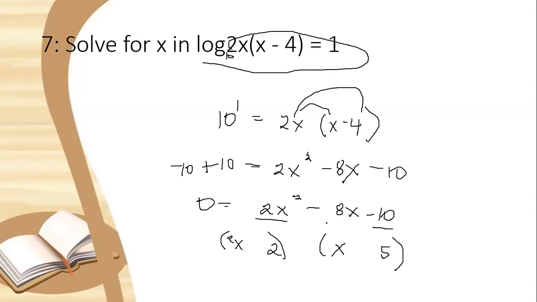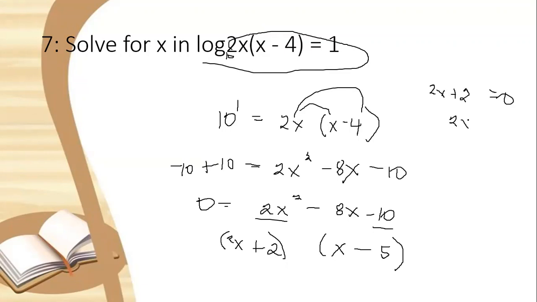So negative ang middle term, meaning yung factor po ng 10, yung malaking number sa kanilang dalawa ay magna-negative sign. So between 2 and 5, anong malaking number? Si 5. So siya po ang negative. Ito ang positive. Para po, negative 2x times negative 5 is negative 10x plus 2x, we have negative 8x. 2x plus 2 is equals to 0.